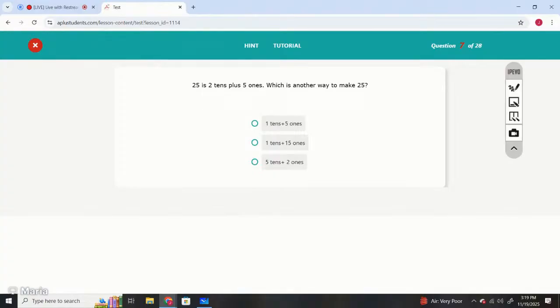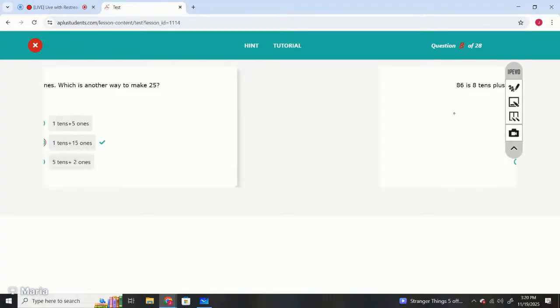Option number 1 is the correct option. 25 is 2 tens plus 5 ones, which is another way to make 25. That is 1 ten and 15 ones. Option 2 is the correct option.